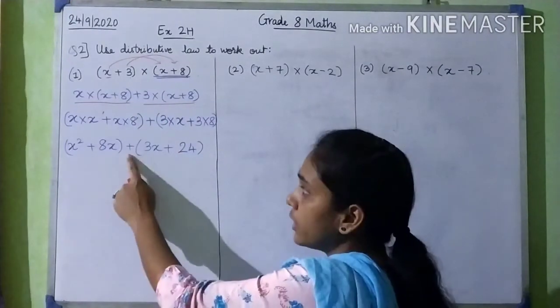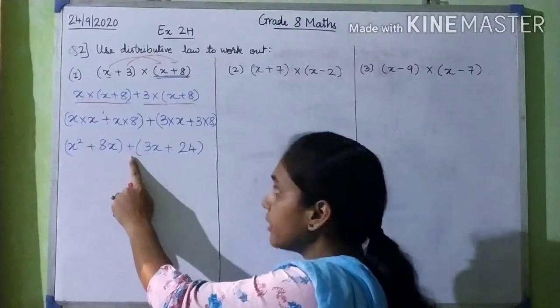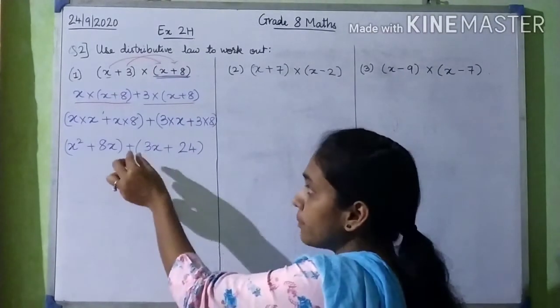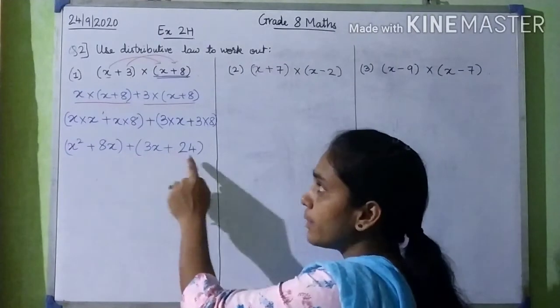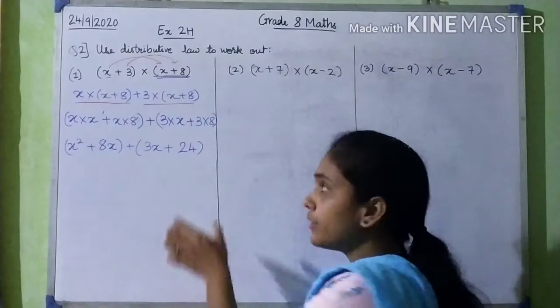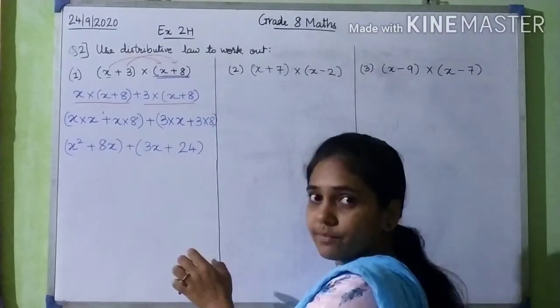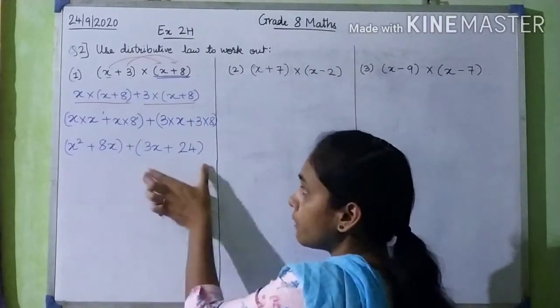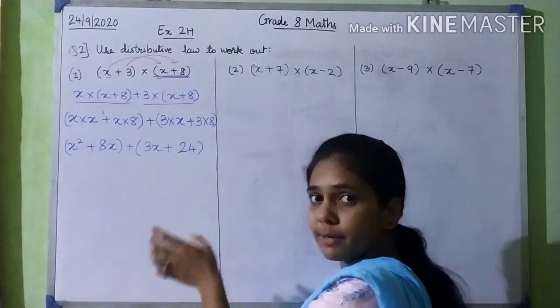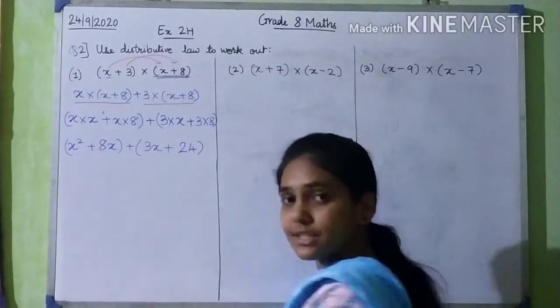If there had been a minus sign here, it would have been difficult, because that minus sign gets multiplied to every term inside. That is why make it a habit to put a bracket for each expression whenever we solve products of expressions.